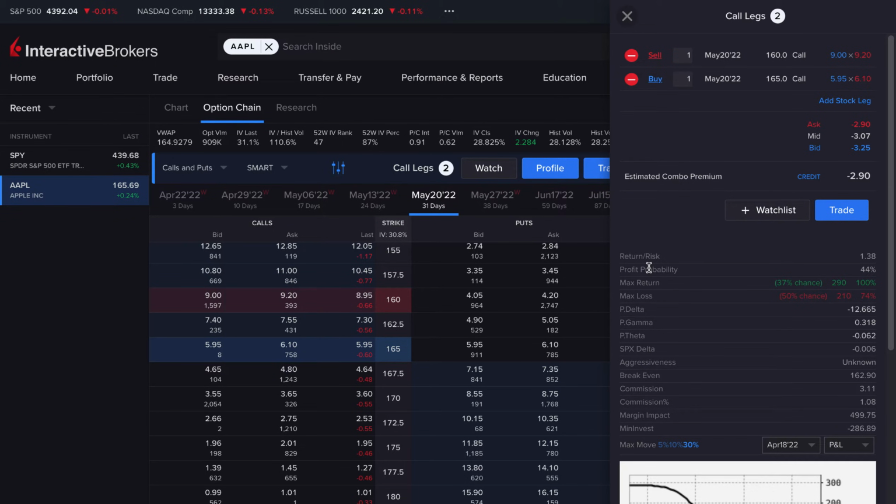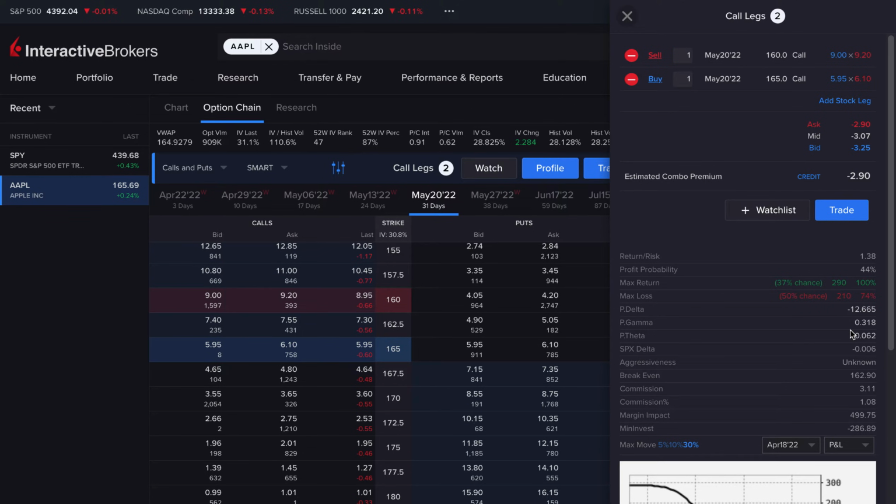Now, the max return, right? One of the most important parts of this strategy is you want to make money, obviously. The max return is $290. Now, this figure will once again match this figure up here because that's the maximum that I can make with this strategy. I can't make more than $290.